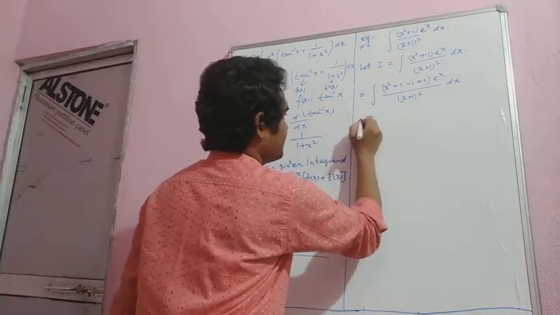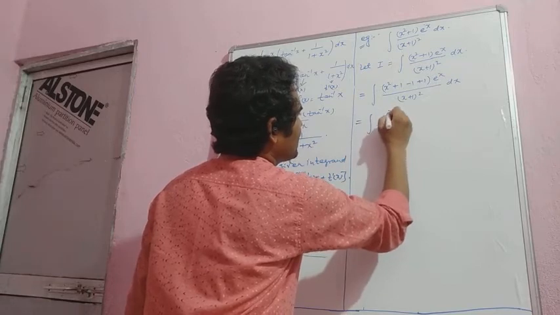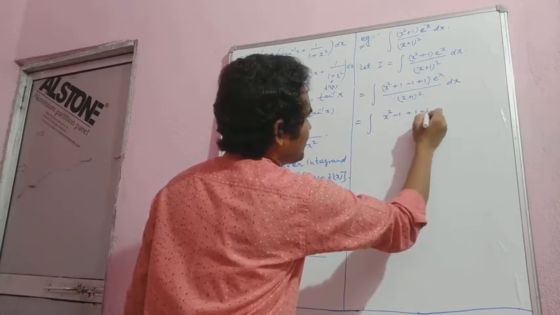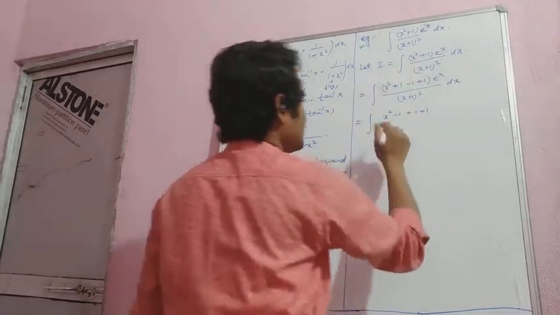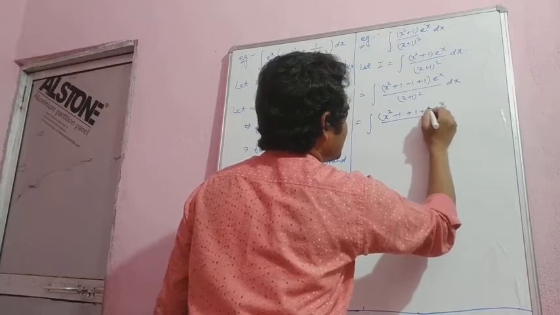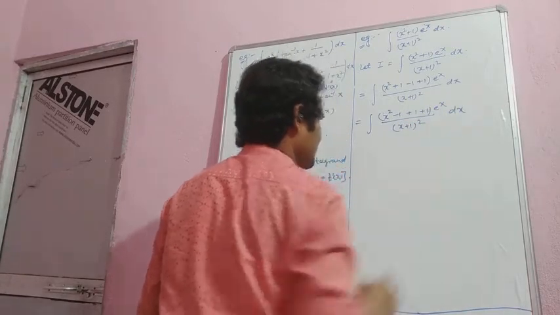Now the next step will be the integration of (x square minus 1 plus 1 plus 1), arranging the terms, into e to the power x upon (x plus 1) whole square dx.